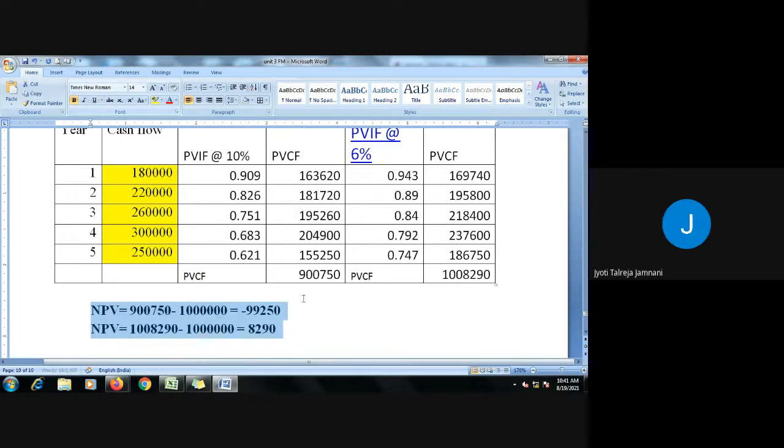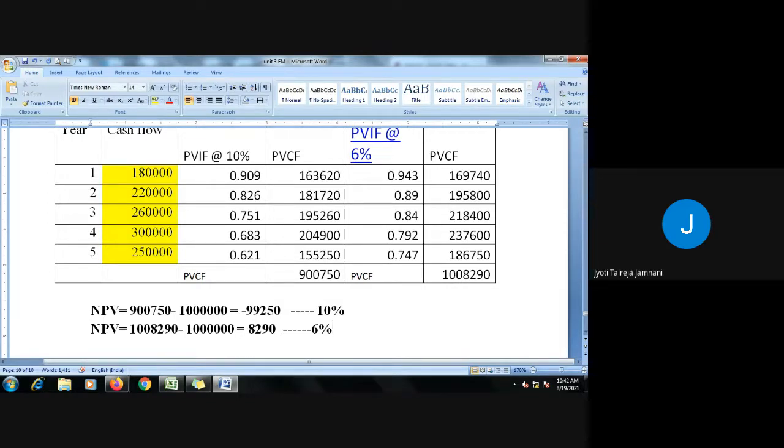See here, ma'am. When I said 10 and 6, 10 is giving me negative NPV and 6 is giving me positive NPV. So the two rates should be such that one gives you positive, one gives you negative. I cannot take 10 and 9 and say 9 is lower, 10 is higher, but both are giving me negative NPV. Then how I will get IRR? Again, I'm repeating, IRR is where your NPV is equal to 0 and where you will get 0 between minus and plus.